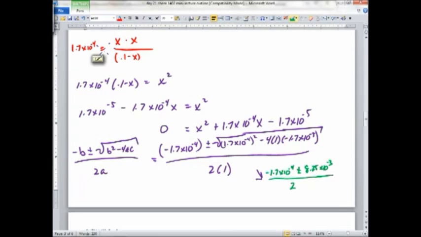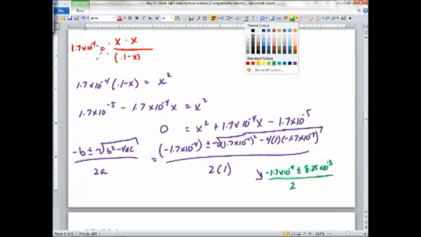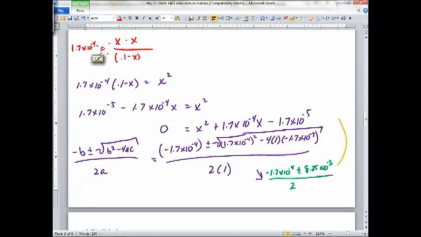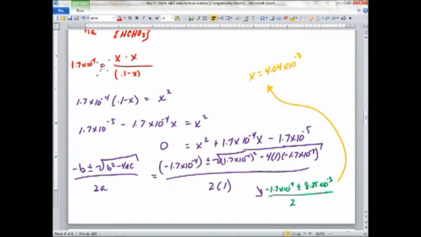Final that I got for my x, let's put it in another color here. What I got for my x, 4.04 times 10 to the negative 3. Hopefully someone else. All right, go through all that again. Okay, x. Three of us got it. 4.04 times 10 to the negative 3. Now I got to go back and see just what the heck they wanted in the first place.